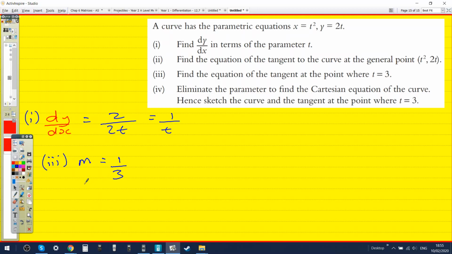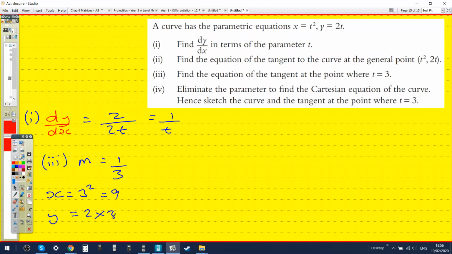M equals a third. And where t equals 3, we want to find out what the x and y points are to get an equation for the line. X equals 3 squared, which is 9, and y equals 2 times 3, which equals 6.